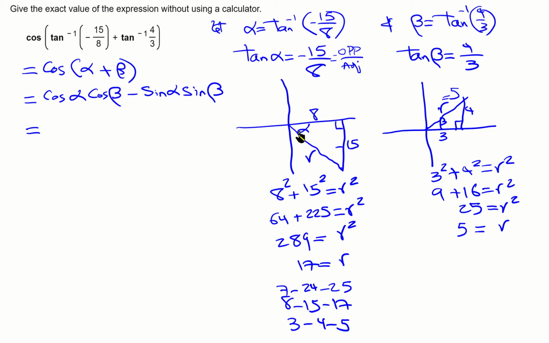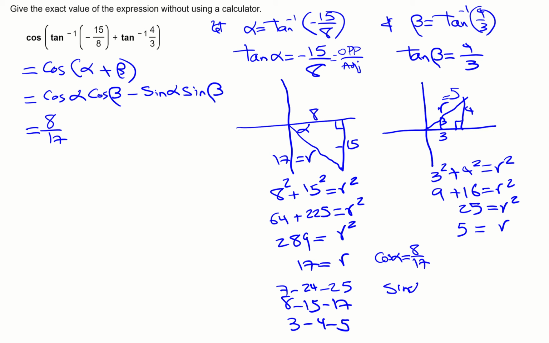So you can see that the cosine of alpha, cosine is adjacent over hypotenuse, and we know that this hypotenuse here is 17. So we're going to get 8/17. If you want to compute those and write those here, you can. Cosine of alpha is 8/17.